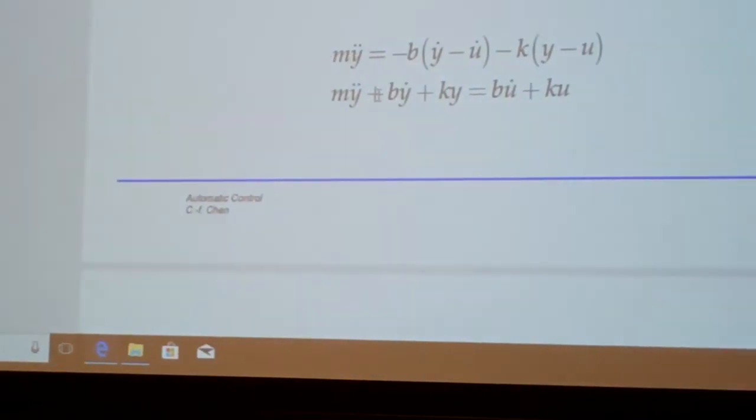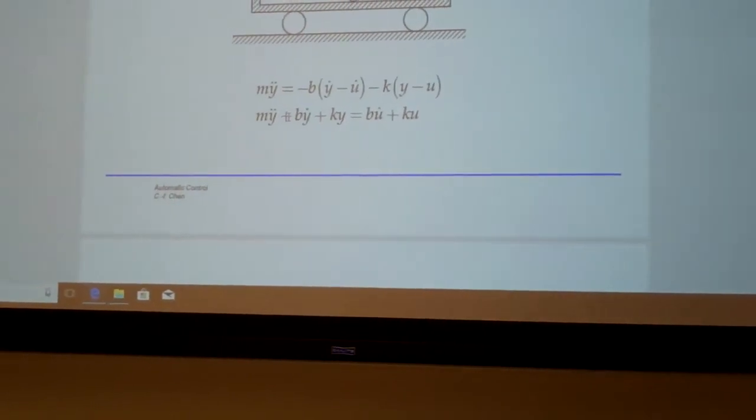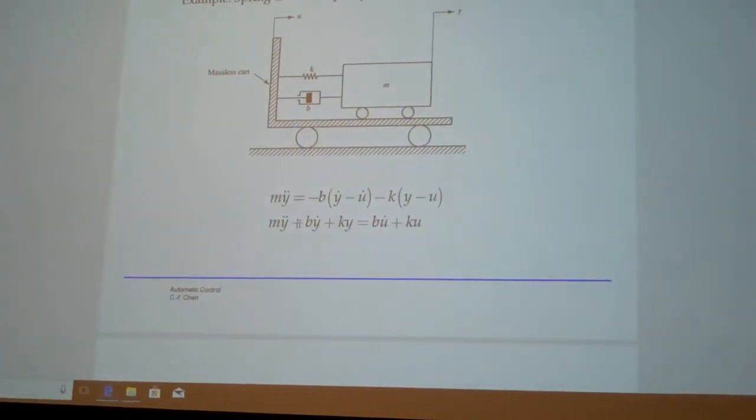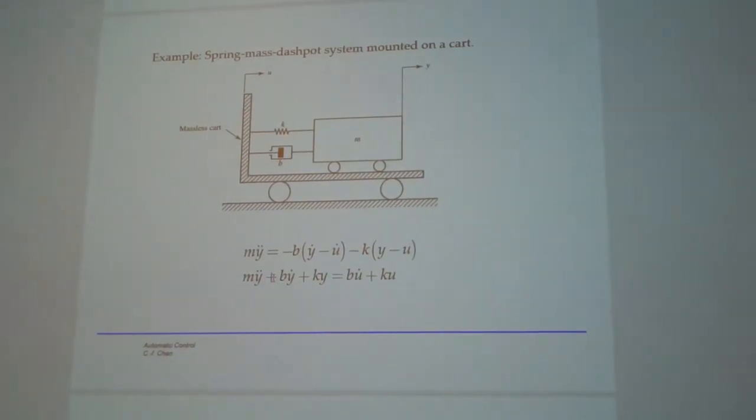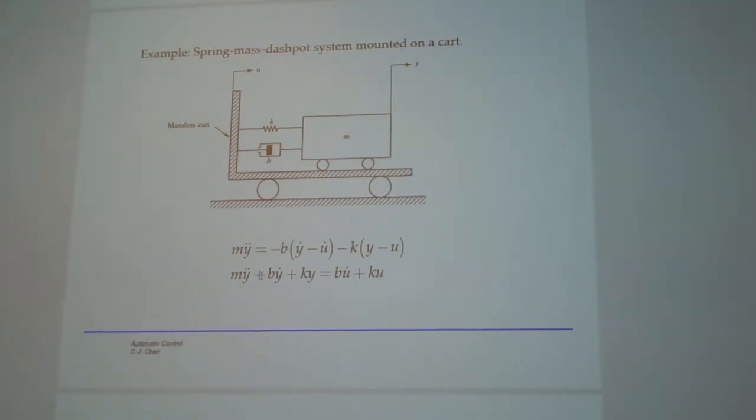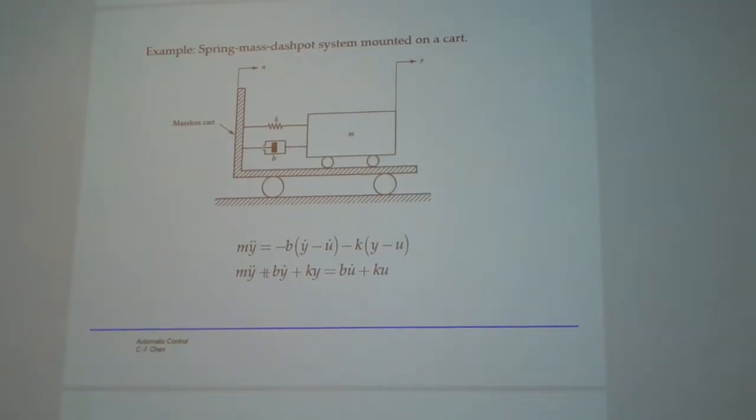And now for this example, we can try, and basically that is the similar way, and we see how we can do it. Okay.